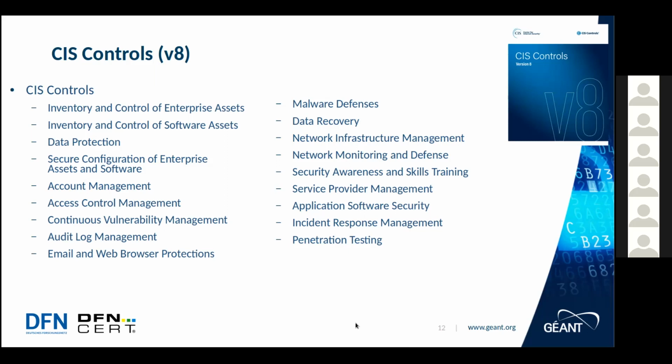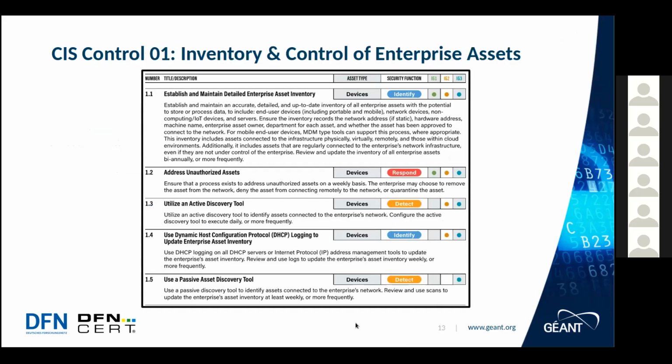So again, these are the 18 controls, and if we look into maybe two of them in a bit more detail, these are the so-called safeguards. So everything in here, the 1.1 is safeguard 1.1, 1.2, 1.3. So this is actually the content of one of the controls, in this case the first one, inventory and control of enterprise assets.